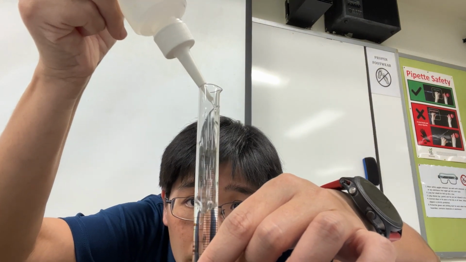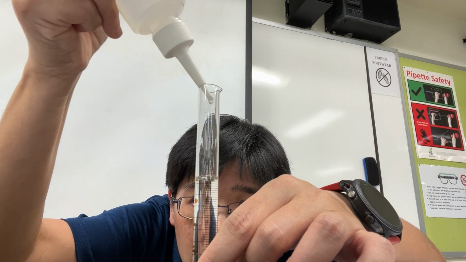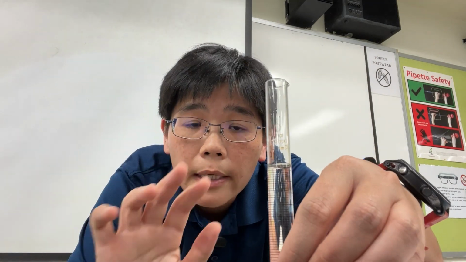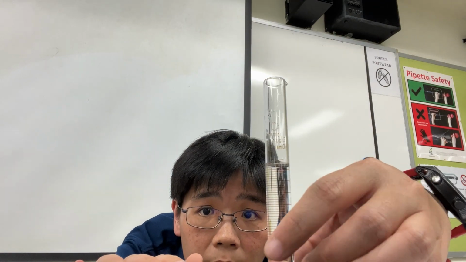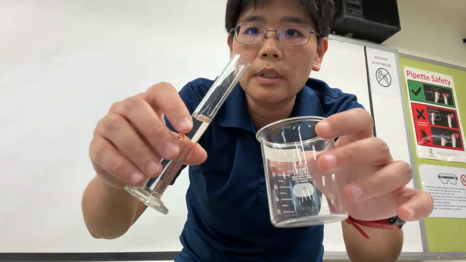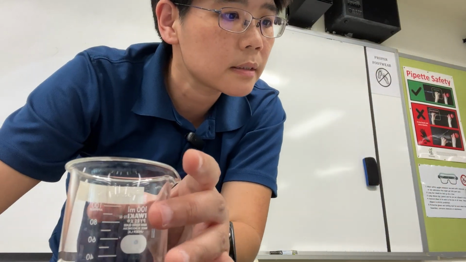You bend down, move your entire body until you can read the meniscus at eye level, and then you want 8 cubic centimeters. Then we put it into the beaker. This is the beaker, 8 cubic centimeters.